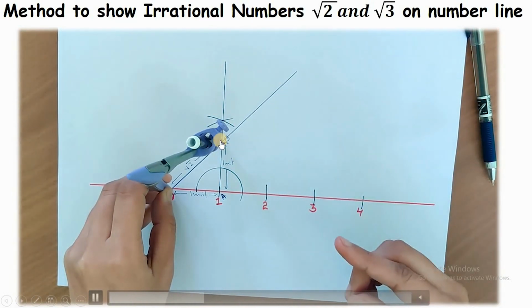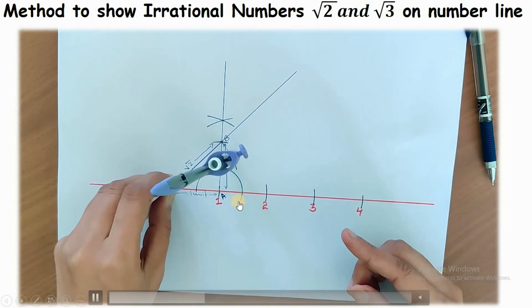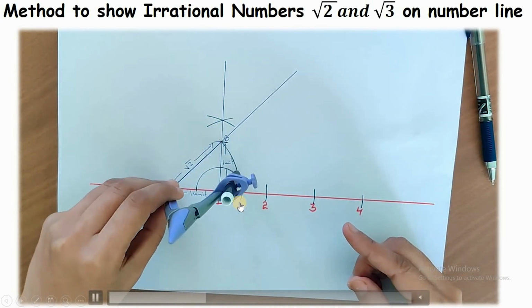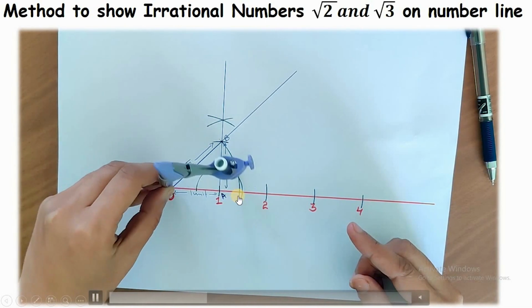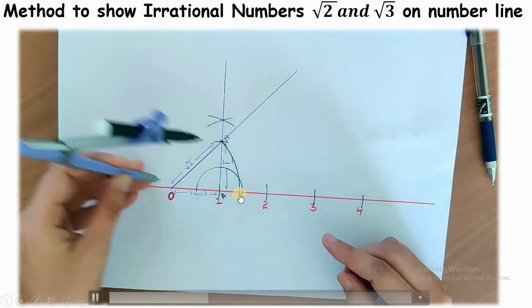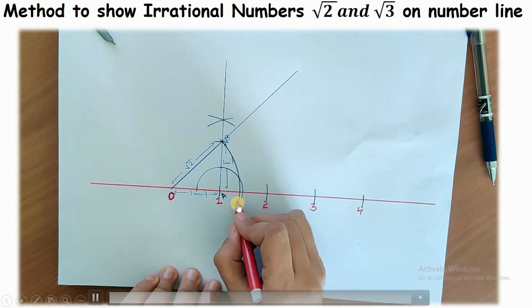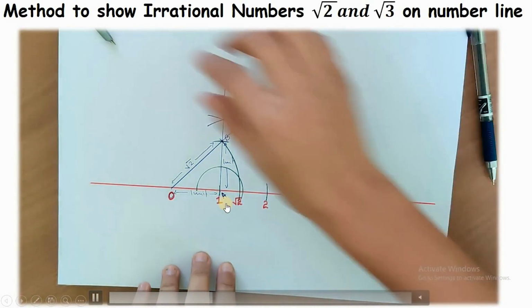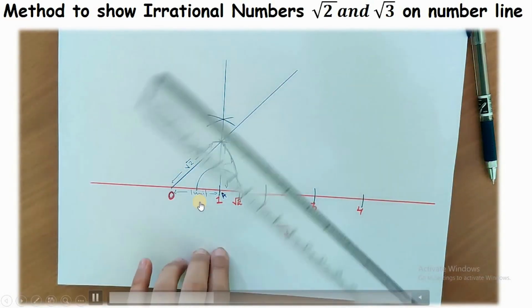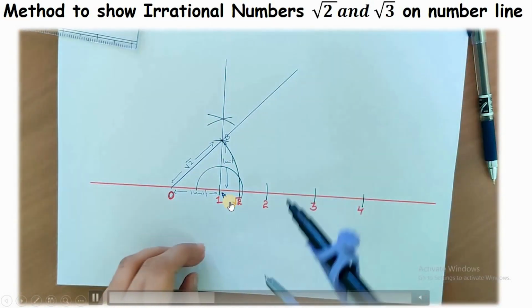We'll draw an arc passing through the number line. Okay. Now this is our square root of 2. We'll write square root of 2 over here. Done. We are now done with representing square root of 2 on the number line.